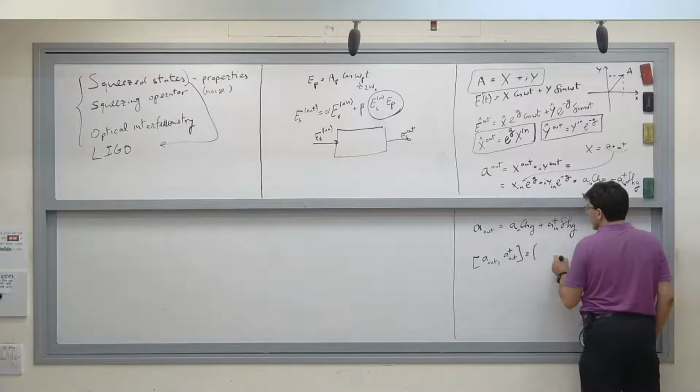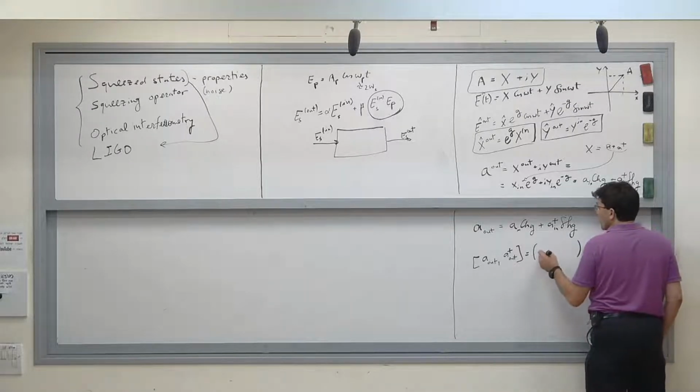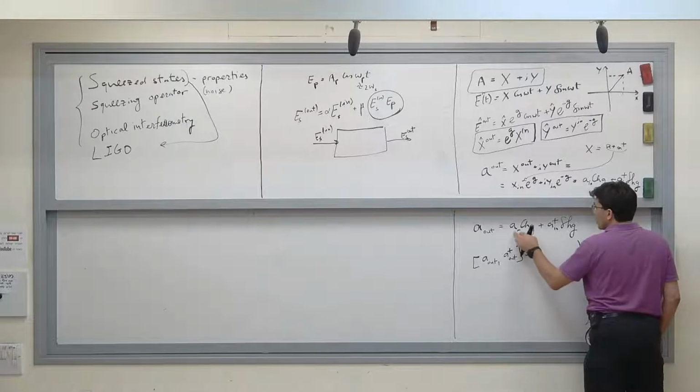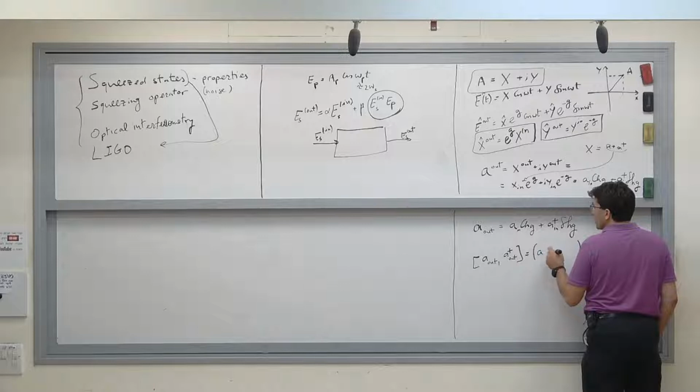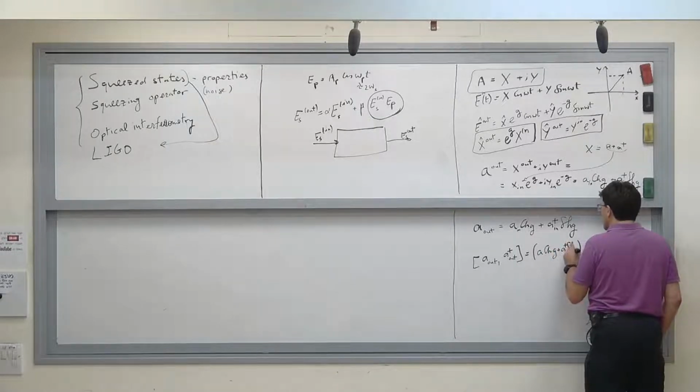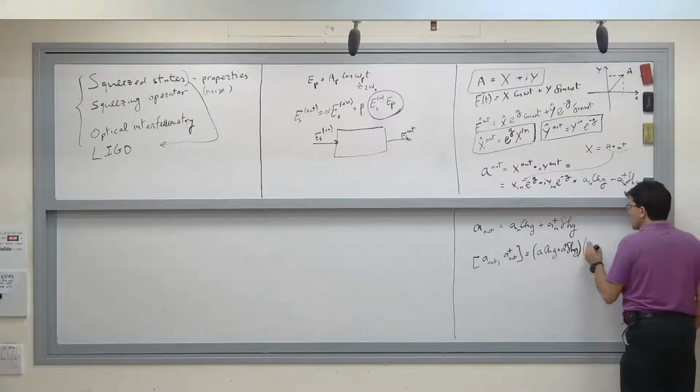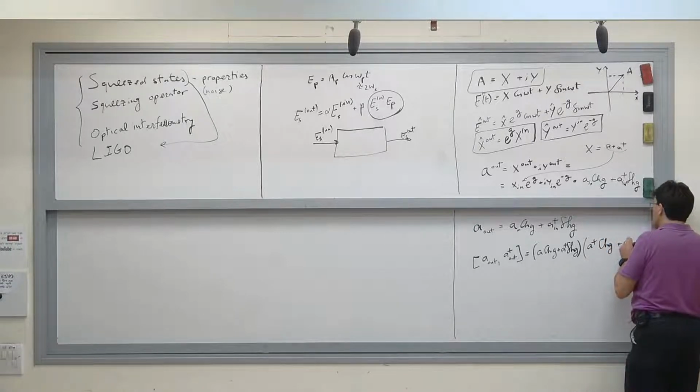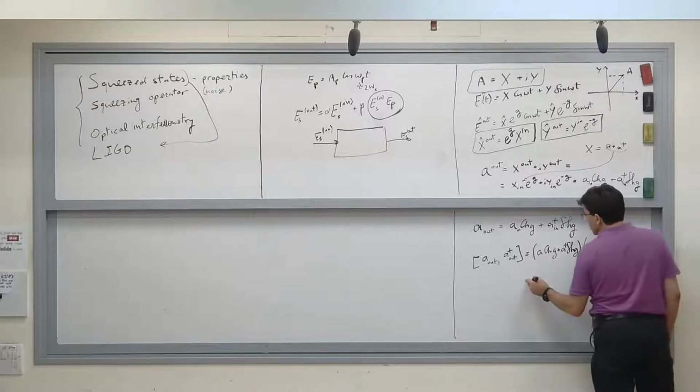We have a hyperbolic cosine g plus a dagger hyperbolic sine g, times a dagger hyperbolic cosine g plus a hyperbolic sine g, minus the same thing with a dagger first.